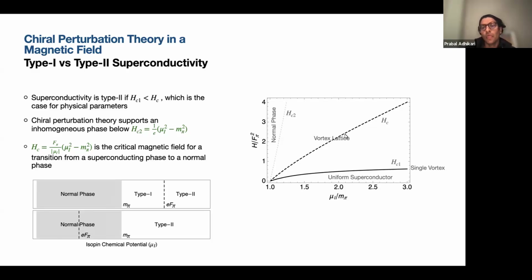If the superconductivity in chiral perturbation theory were weakly type 2, the region where vortices exist would become smaller and smaller and smaller. So in effect, HC1 and HC2 would come together and basically collapse on top of each other. Basically, there's a very narrow region over which magnetic vortices exist.